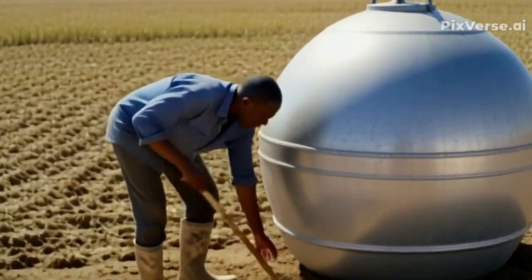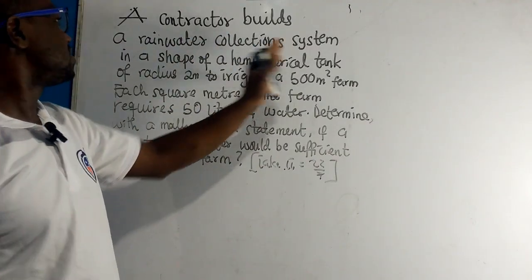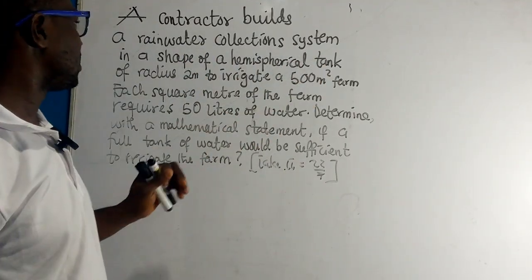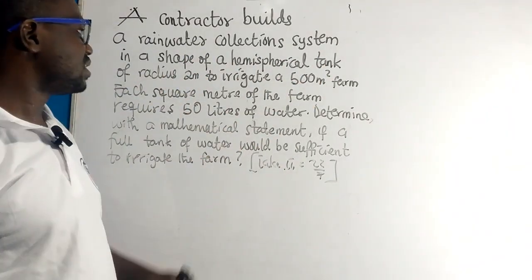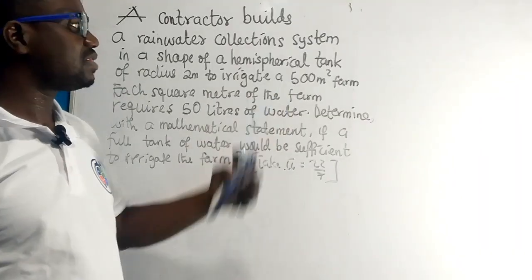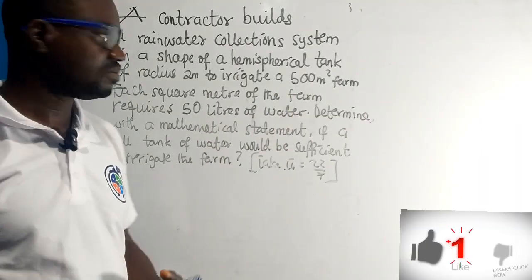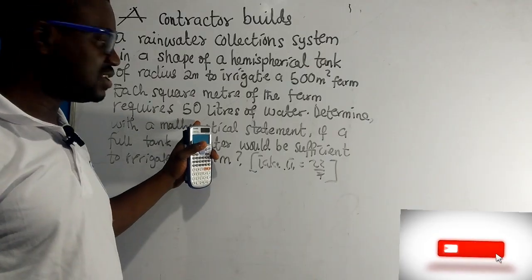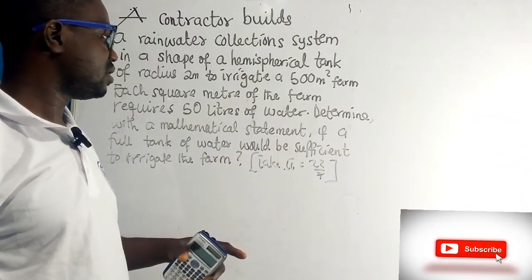A contractor builds a rainwater collection system in the shape of a hemispherical tank of radius 2 meters to irrigate a 5,000 meter square farm. Each square meter of the farm requires 50 liters of water.